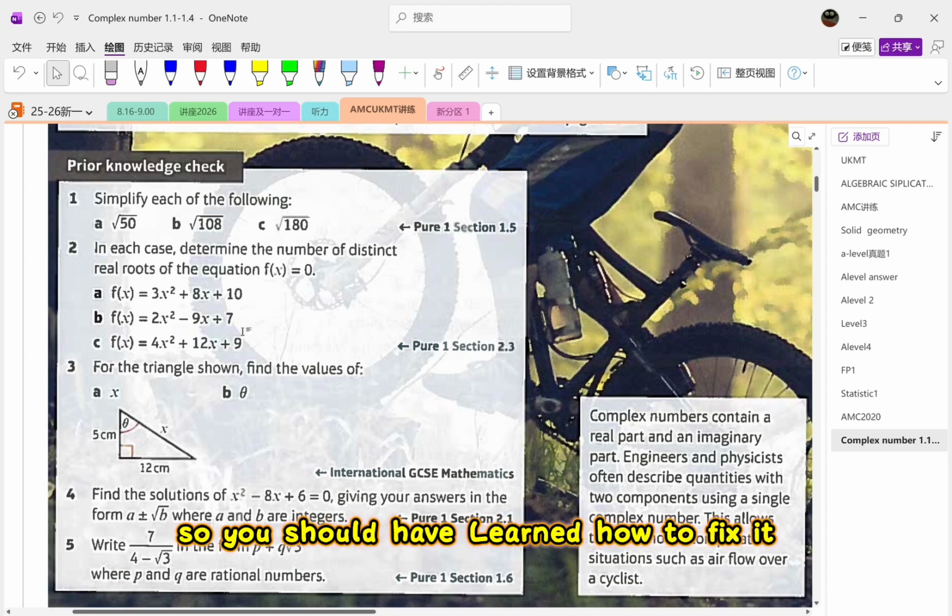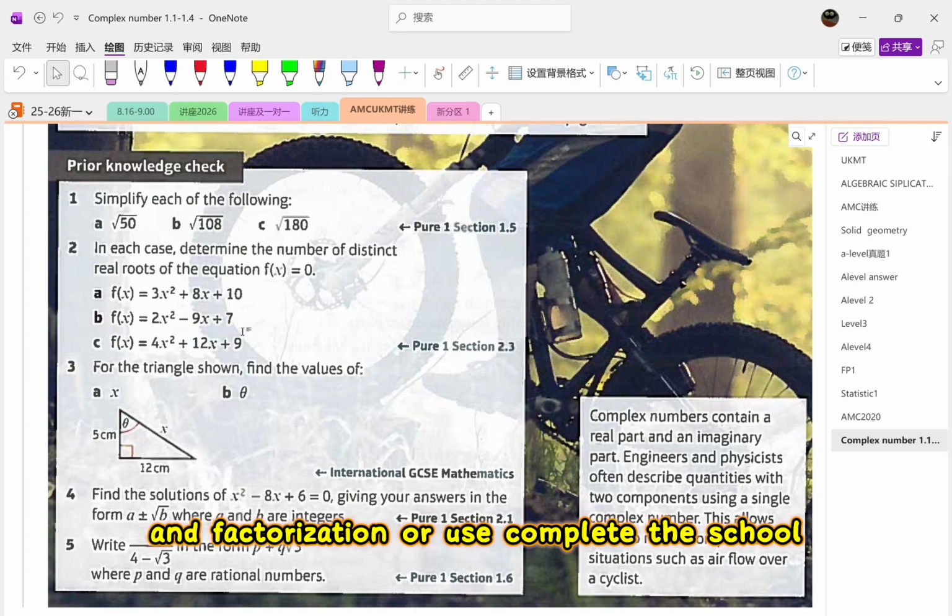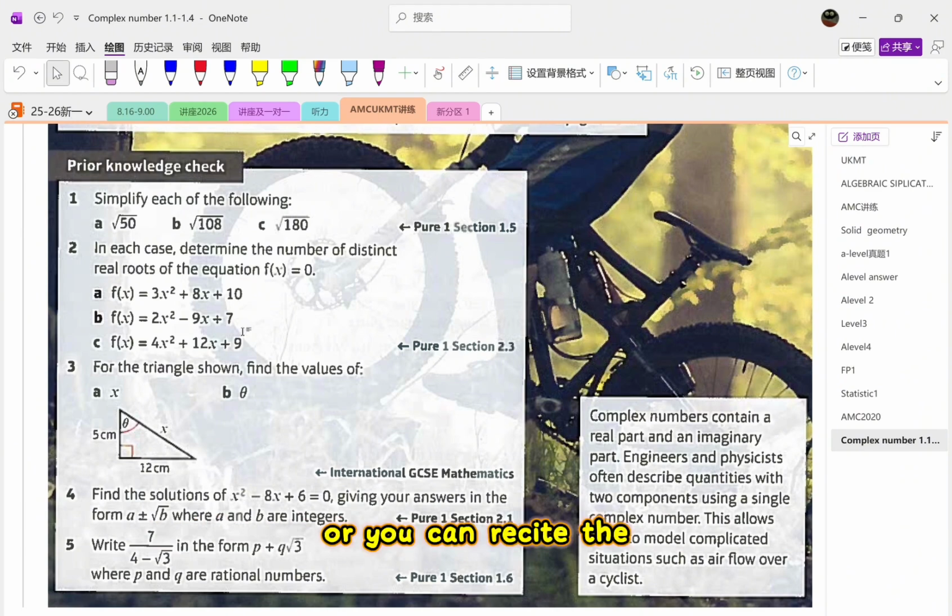So you should have learned how to solve it by factorization or completing the square, or you can recite the roots formula and use the discriminant to justify the situations of the roots.